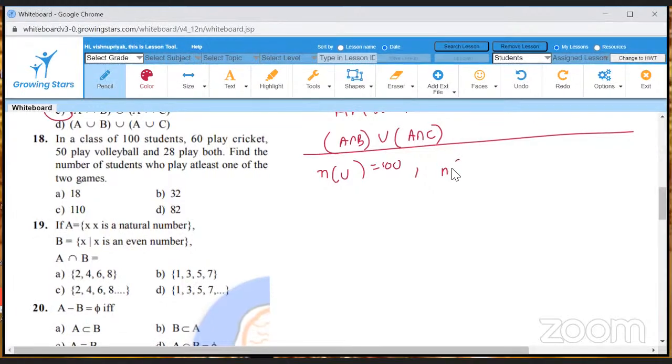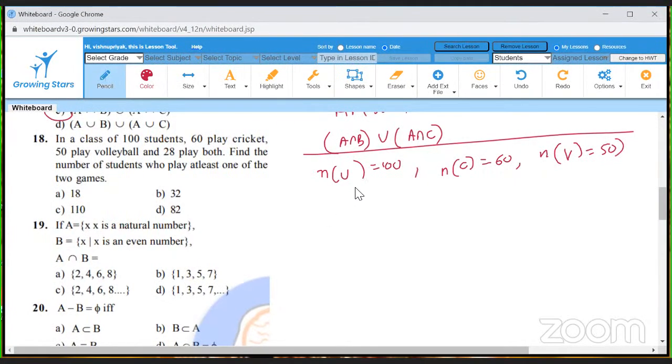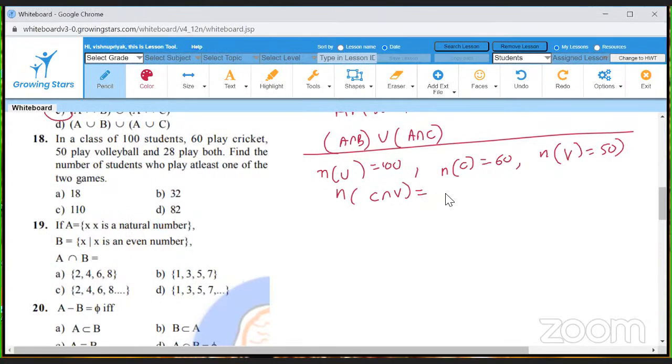Those who play cricket, C, 60 are there. Those who play volleyball, 50 are there. Those who play cricket and volleyball, 28 are there.